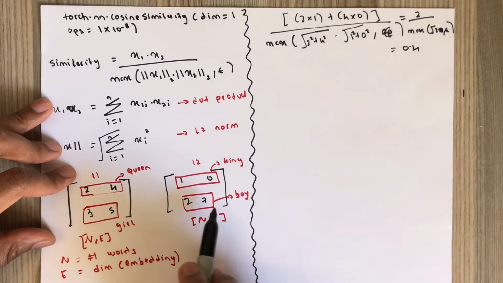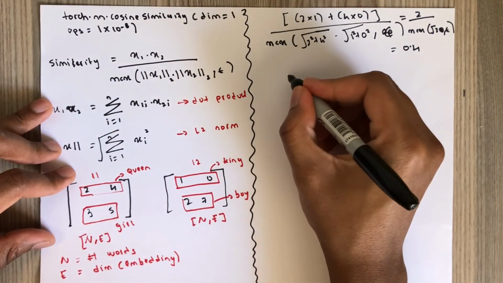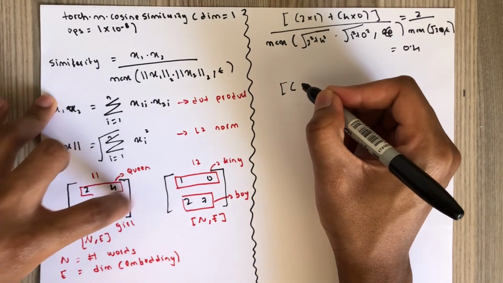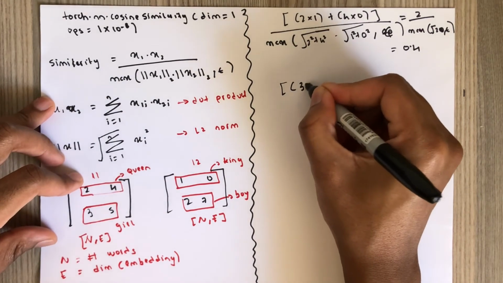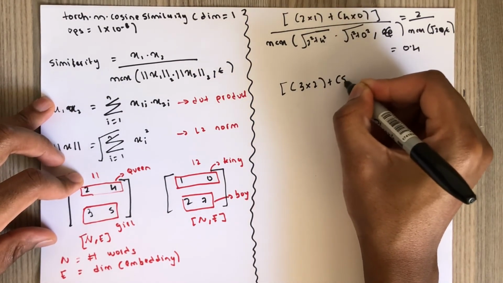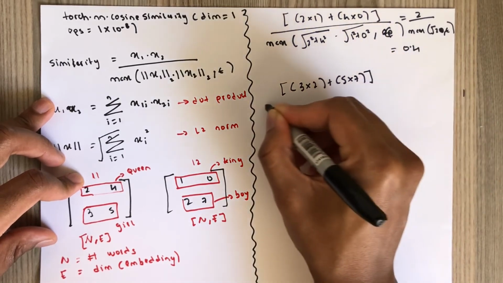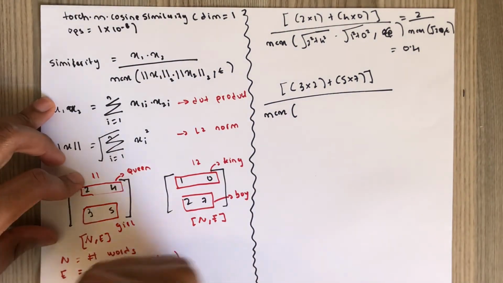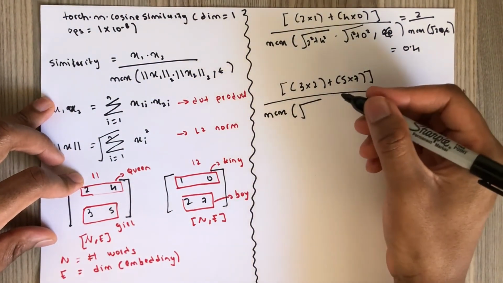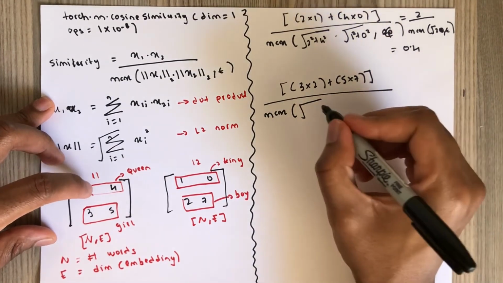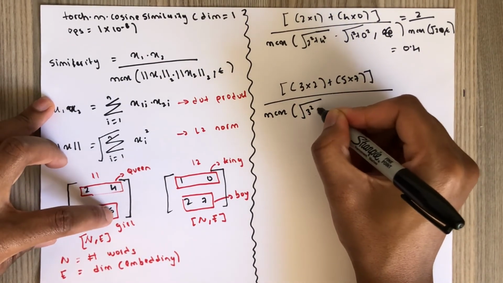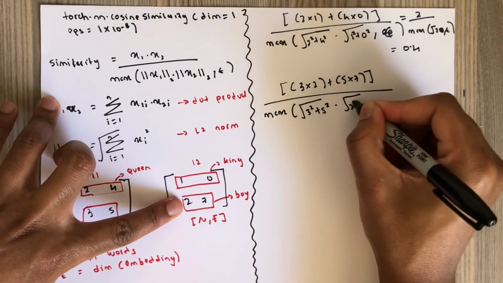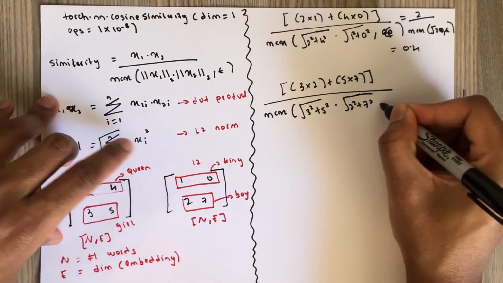Similarly, between girl and boy, you take the dot product, 3 times 2 plus 5 times 7, divided by the max of the square root of the multiplication of the L2 norms, 3 squared plus 5 squared, 2 squared plus 7 squared, then e.